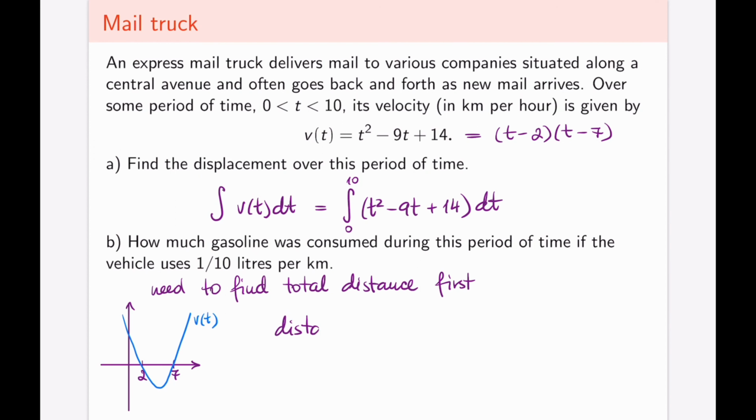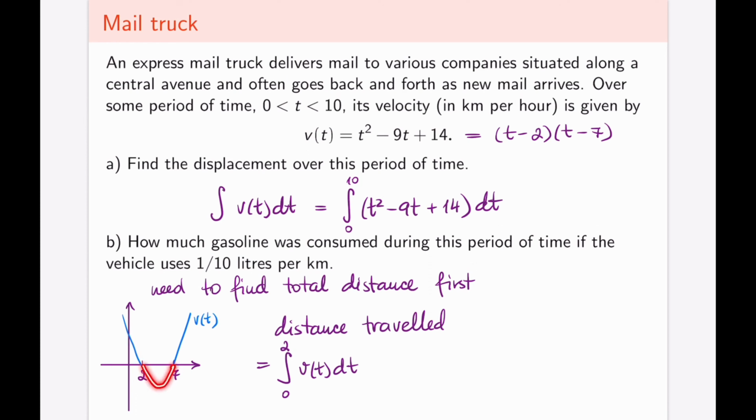So that means that in my computations for distance traveled, I will have to compute the integral of my velocity function between 0 and 2. That integral I know to be positive because the function is above the x-axis. Then I'll have the integral between 2 and 7.